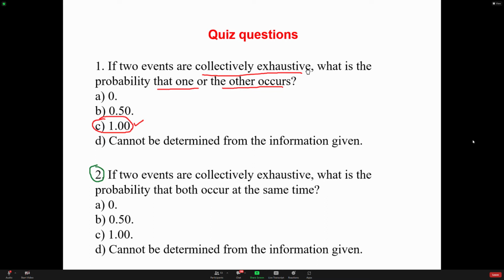Here we cannot actually find out from this information, because we should know whether they are mutually exclusive or not. So the answer should be cannot be determined from the information given. Collectively exhaustive is not sufficient, but we also should know whether the two events are mutually exclusive or not. So for part 2, the answer should be D.